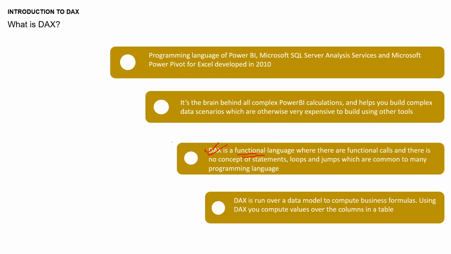In a single column, you can only write a single expression which will be true for all the rows or all the cells within that column, right? So just remember this is a property of DAX, that it works over the columns of the table and not the individual rows in the table. Although there are some DAX functions which can help you iterate row by row, the expression that you write is still a single expression and not separate expressions for each row.